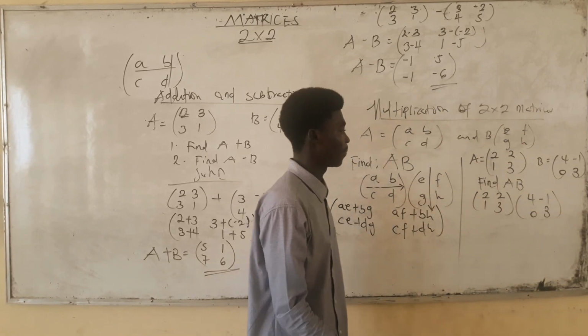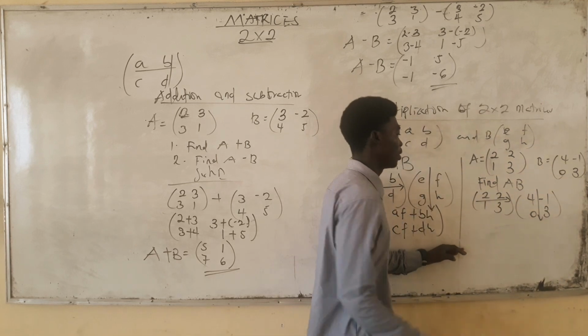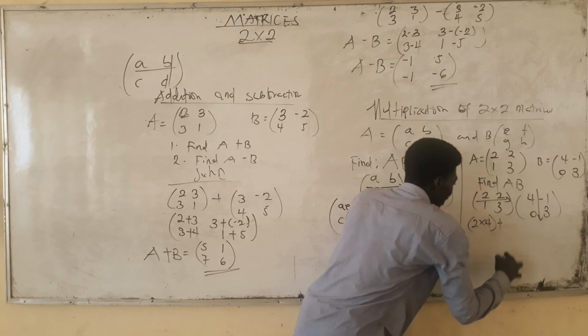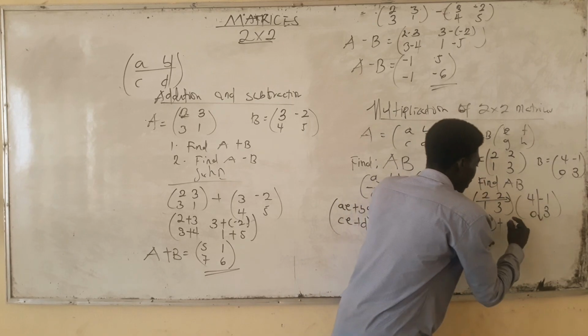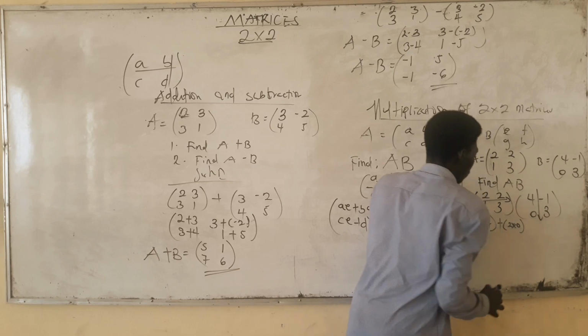Now let's multiply. 2 multiplied by 4 plus 2 multiplied by 0. So that's the first one.